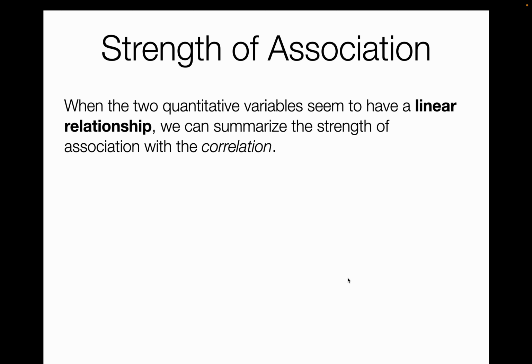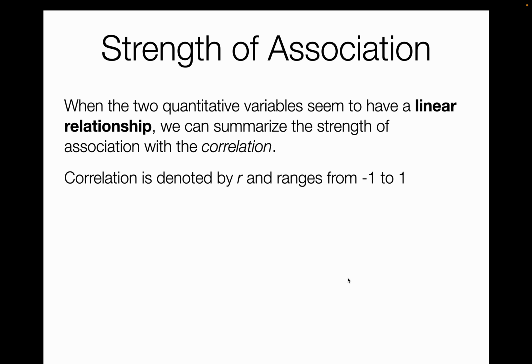And if the data does do that, we can summarize the strength of said association, either positive or negative, with the correlation. Specifically, the correlation coefficient is what it's called. It's denoted by a lowercase r in this class.